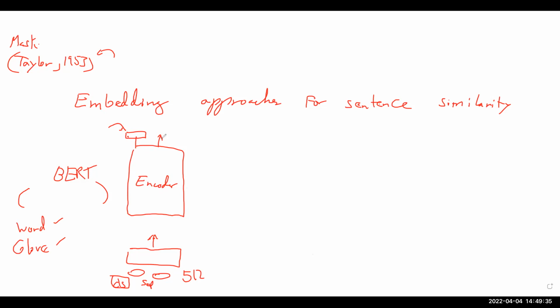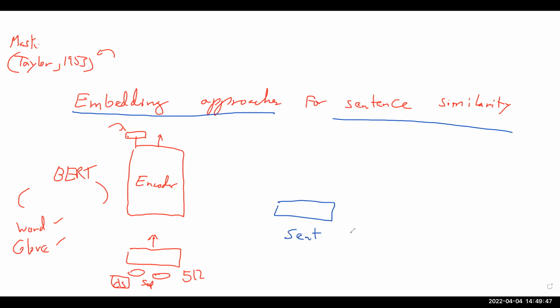All right, so we talked about this. That's why the topic today is called embedding approaches for sentence similarity. Our goal here is we have sentence one and sentence two, the originals, and they get encoded. So these are, let's say, embedding one and embedding two, and they usually have the same dimension, n, let's say.